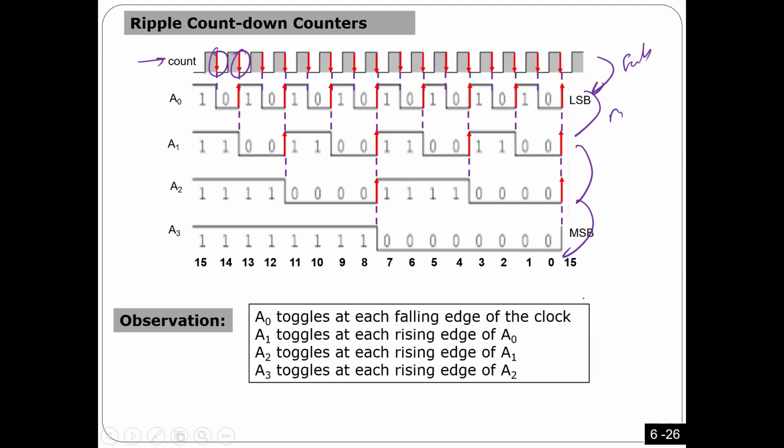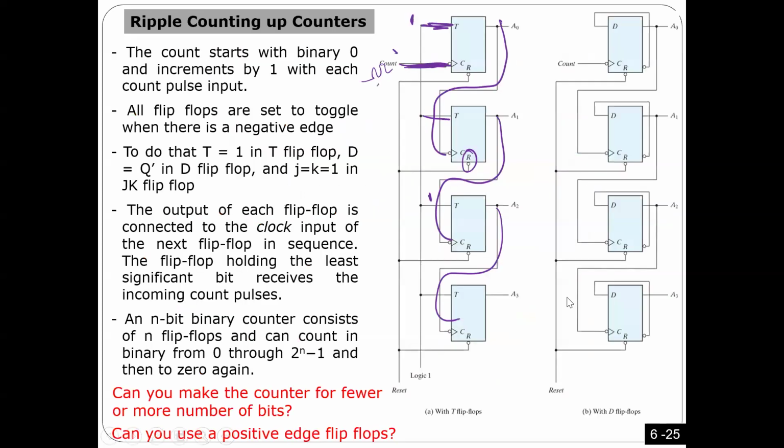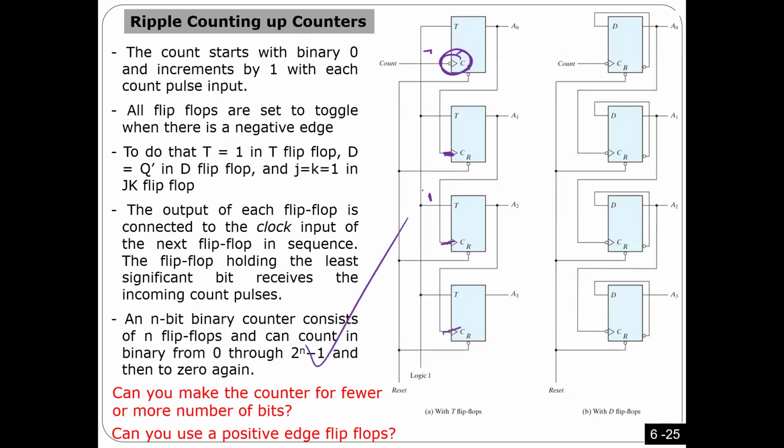Is that okay? How can we do this circuit? Very easy. You have two ways to do it. One way is I can use the exact same circuit, but use different flip flops. This one, the clock is falling; this one I can make rising. That can be okay. But usually we don't like to use different types of flip-flops.